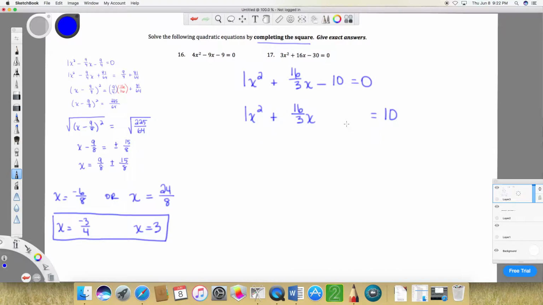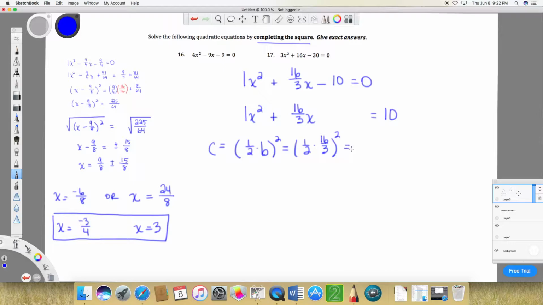Well, now I need to figure out what value of c will allow me to factor this left-hand side into a perfect square. We know that we want to take 1/2 times b and then square it. And our b is 16 over 3.